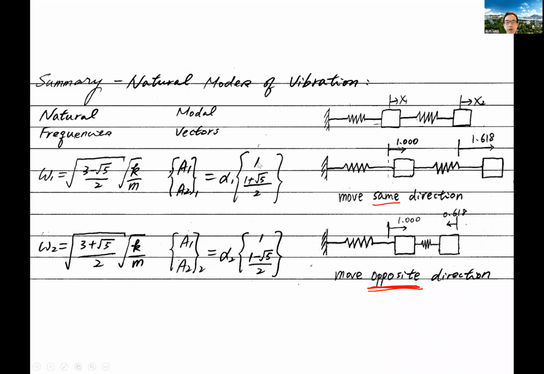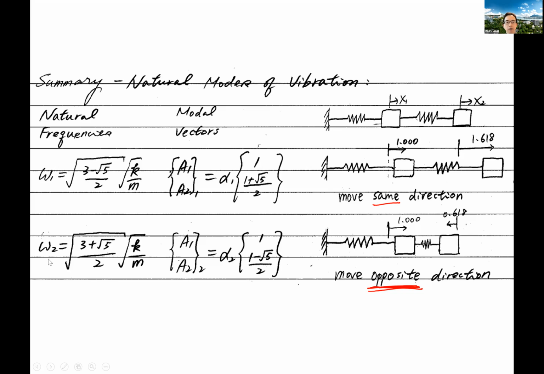If we specify A1, the amplitude for M1, we are able to find A2, the motion of the other mass. So if you move the first mass to the right by 1, the other will be 1.618, an approximation of this value. So they move in the same direction, between these 2 masses.